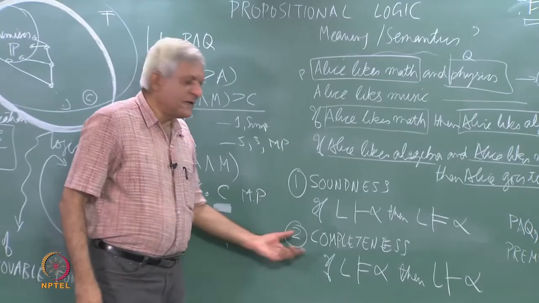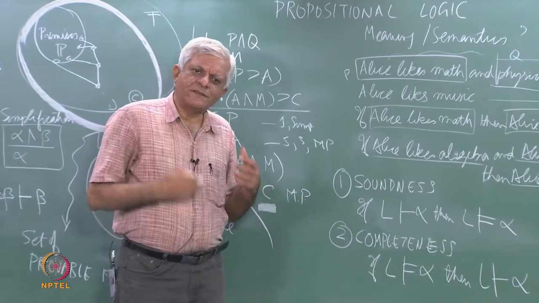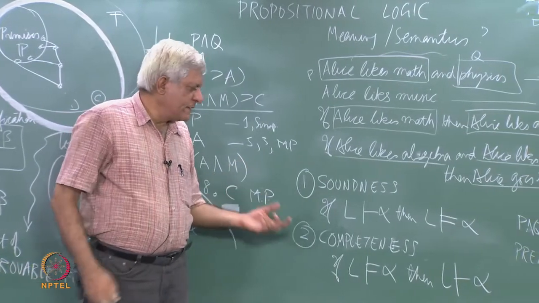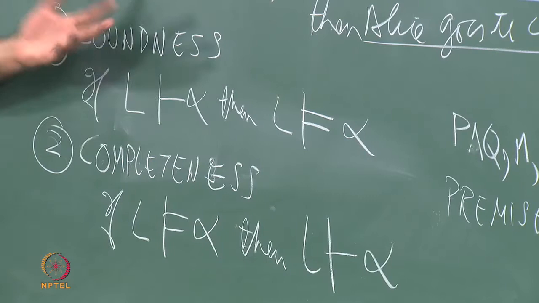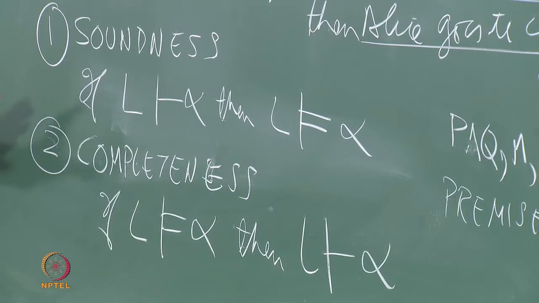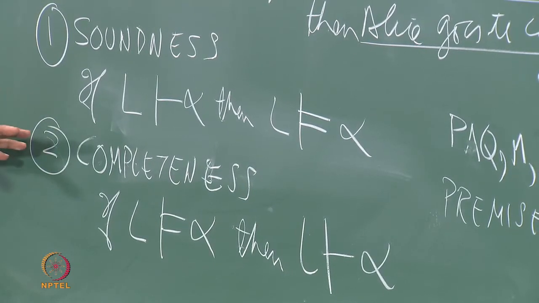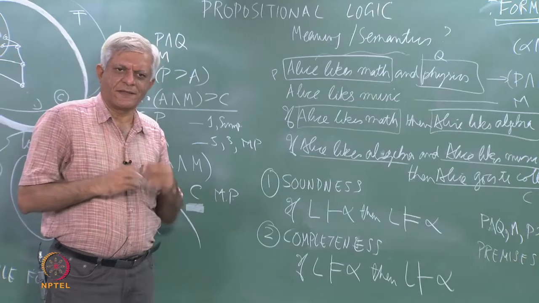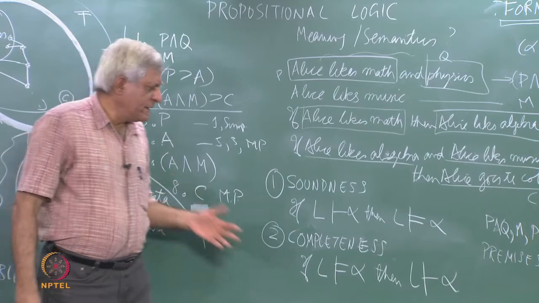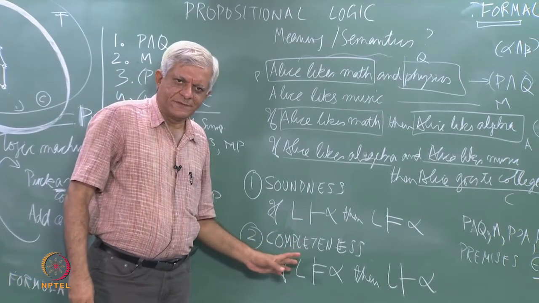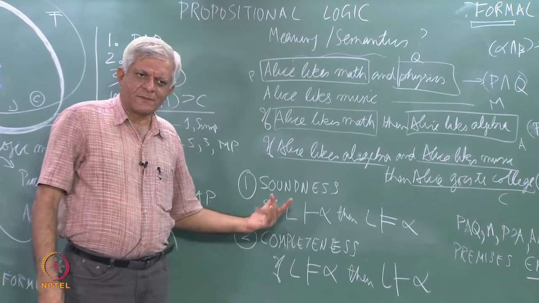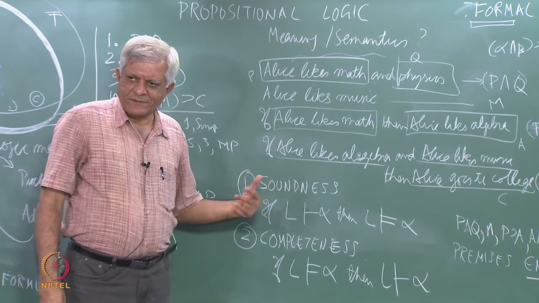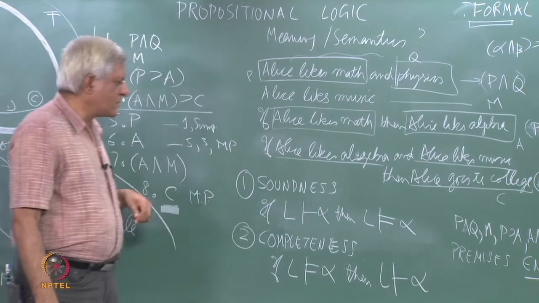Completeness says that if a formula is true, then there is a derivation for the formula in my logic machinery. If I had a non-deterministic machine which knew which rule to pick and which data to apply to, it would produce a derivation essentially. Of course, in the absence of non-determinism, we have to use search, and we will focus on that as we go along.